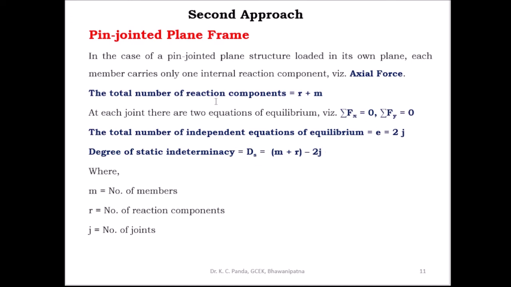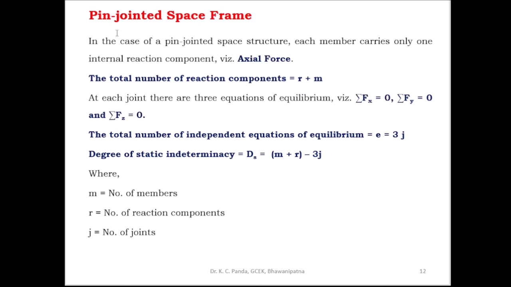So DS is equal to M plus R minus 2J. Using this formula also you can find the degree of static indeterminacy of a pin jointed plane frame or plane truss.